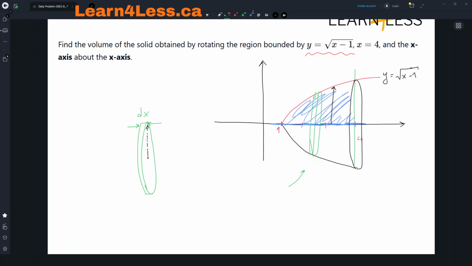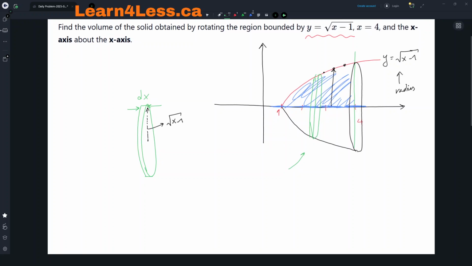Basically, the y coordinate of each point here gives us the radius of that tiny layer. So the radius at this given point would be the square root of x minus 1. And now that we have this, let's evaluate the volume of this disk.